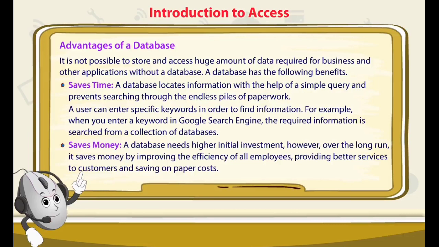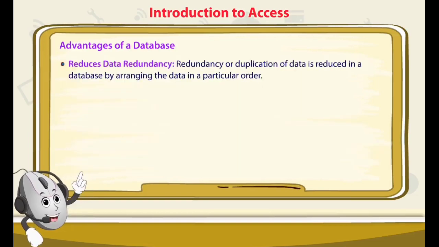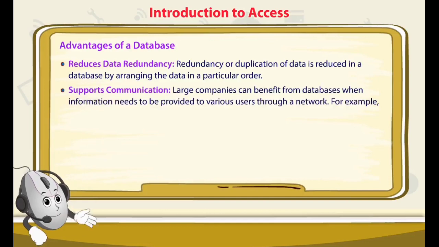Saves money. A database needs higher initial investment. However, over the long run, it saves money by improving the efficiency of all employees, providing better services to customers and saving on paper costs. Reduces data redundancy. Redundancy or duplication of data is reduced in a database by arranging the data in a particular order.